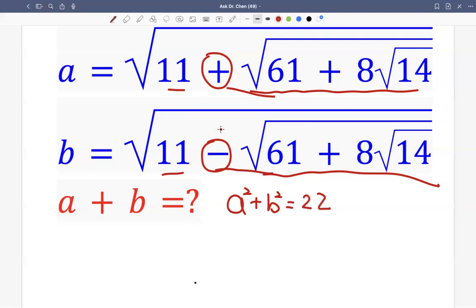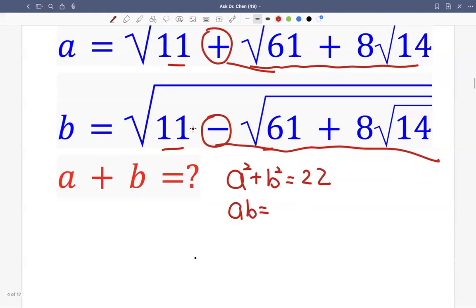But what about if we multiply those two? A times B, because they're conjugates, we get the first one squared minus the second one squared. Well, let's do that. It's a little bit complicated.